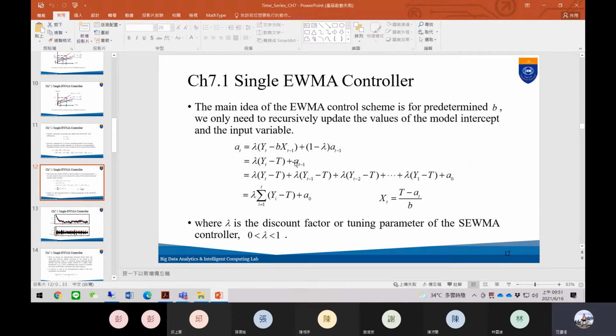We put the target back: YT minus target. So YT minus B XT minus 1. So yeah, we can keep doing that. Where lambda is the discount factor or tuning parameter of the single EWMA that is between 0 and 1.